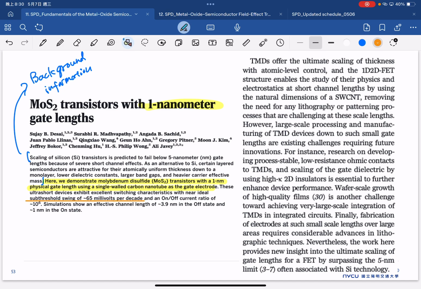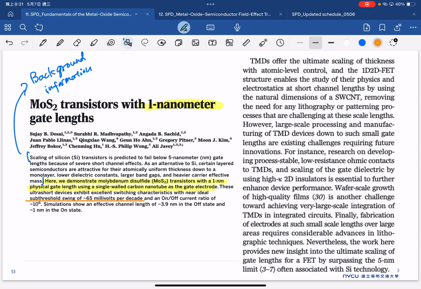This ultra-short device exhibits excellent switching characteristics with a near-ideal subthreshold swing of 65 millivolts per decade. So now, again, we come to the key information with the subthreshold swing. If you still remember what we mentioned in the last lecture, I said the best SS we can achieve should be 60 millivolts per decade.